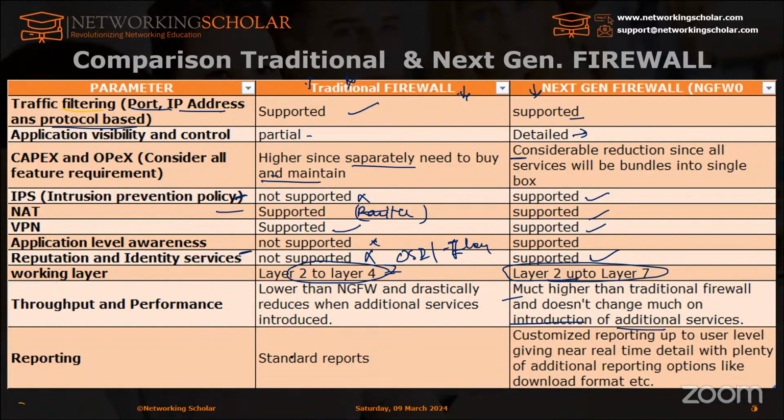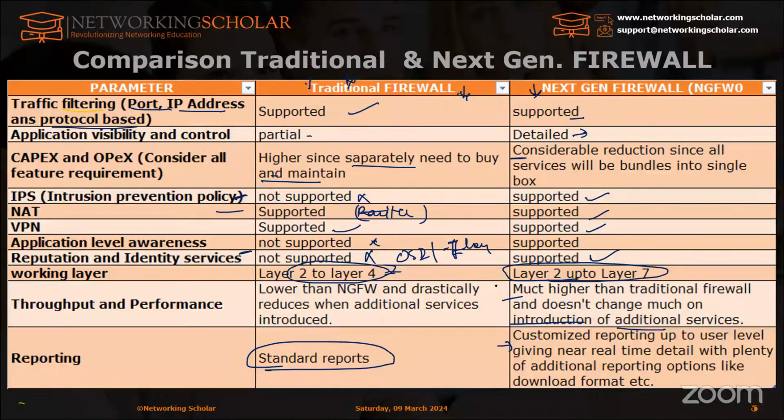Then there is reporting. The traditional firewall can provide standard reporting, like we can download something specific. But suppose that your administrator is asking for a daily report, or a user based report, or a specific protocol based report, or server based report, network based report. We can create these in the next generation firewall, and we can work on them.